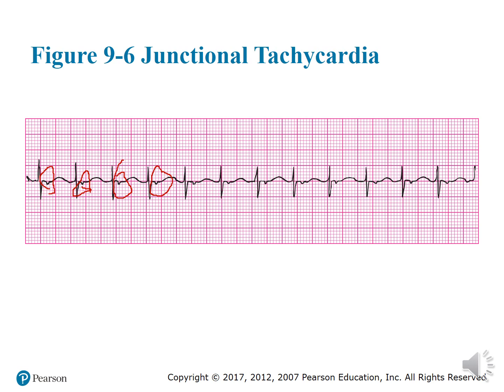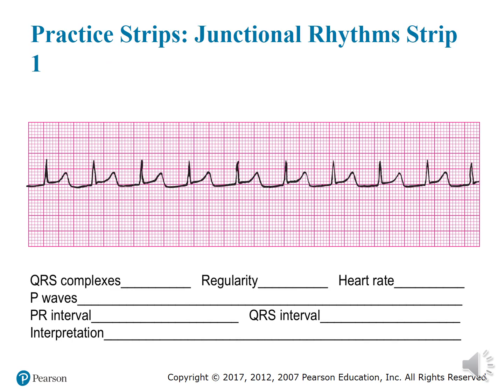I'm not going to circle them all, but you kind of get the idea of where I'm going. So, no P, SVT. Have P, junctional tachycardia. Right. So let's take a look at this example, and I'll work a couple with y'all the best way I can.